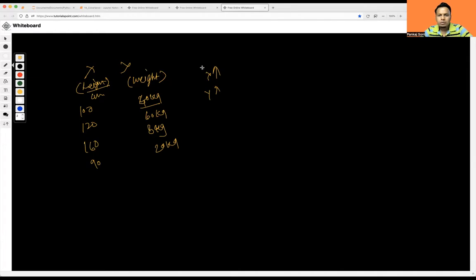Assume that after you collected the data between height and weight, you change the unit of height, and instead of centimeters you took feet. So now height is in feet, and weight is in pounds, represented as lbs.